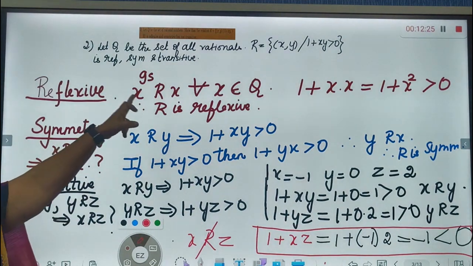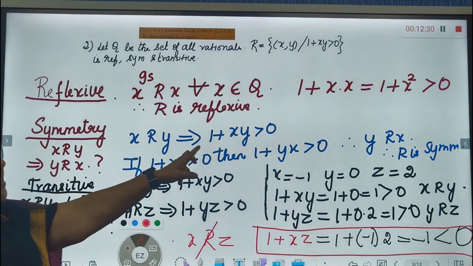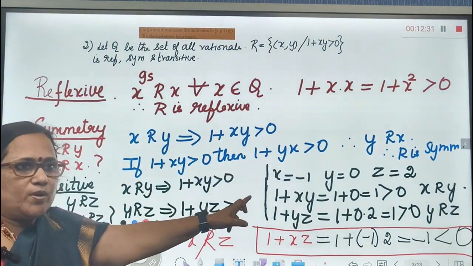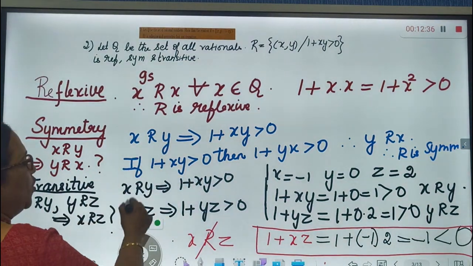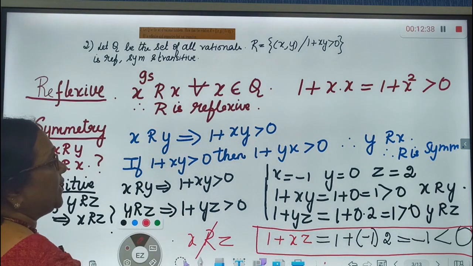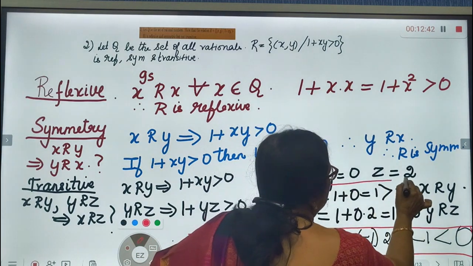So, x is related to x, it's reflexive. x is related to y because 1 plus xy greater than 0 implies 1 plus yx greater than 0. Now, x is related to y and y is related to z. Does it imply x related to z? For that, I have given you a counter example.